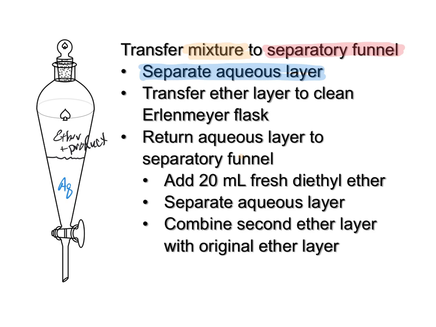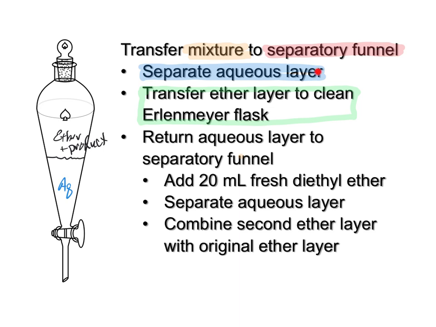We will transfer the ether layer to a clean Erlenmeyer flask, right? So for this one, we can use the Erlenmeyer flask that we made our iced acid mixture, but we'll need another Erlenmeyer flask that is clean because the ether layer contains our product.